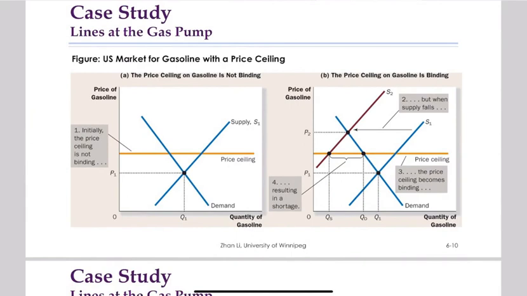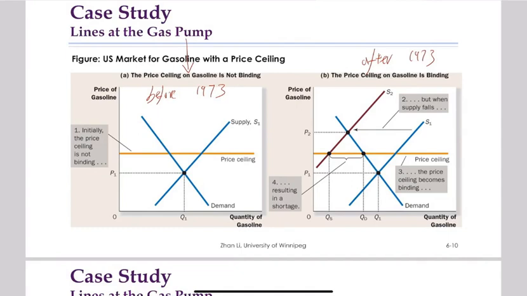So let's see the graph on this left-hand side, right? Let's call this graph before 1973. And this is the case after 1973.